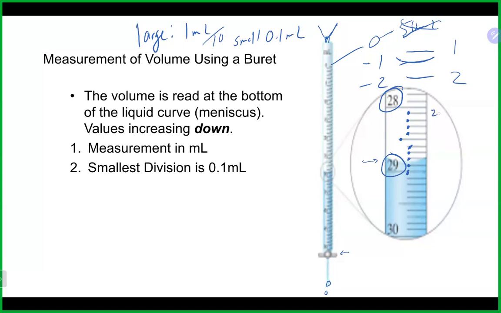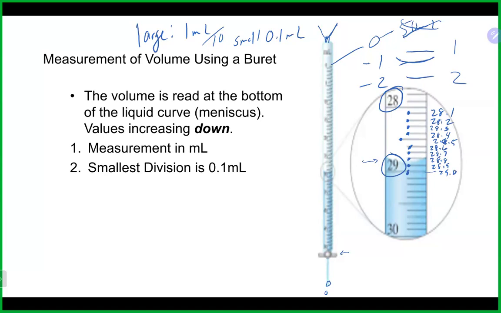So this is actually 28.1, 28.2, 28.3, 28.4, 28.5, 28.6, 28.7, 28.8, 28.9, and 29.0.